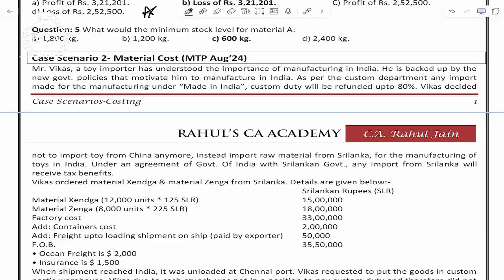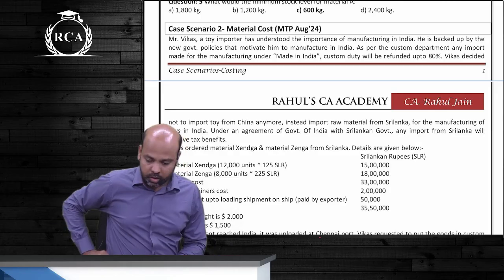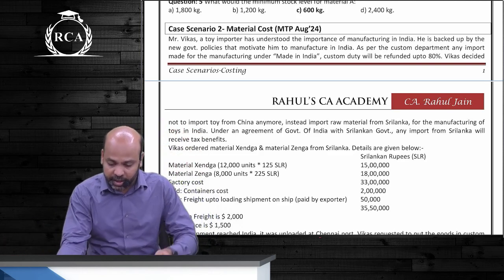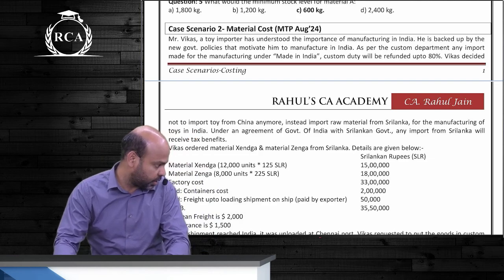One second, there was some problem here. ठीक है. Did we read the question, guys? Yes or no? I'm reading it again, guys. वहाँ पे शायद उसमें कुछ error आया.